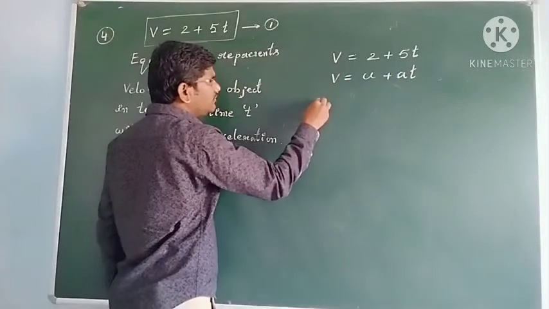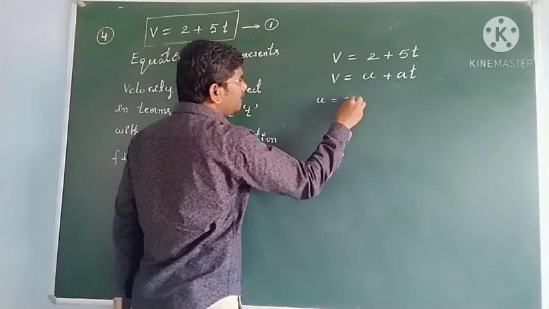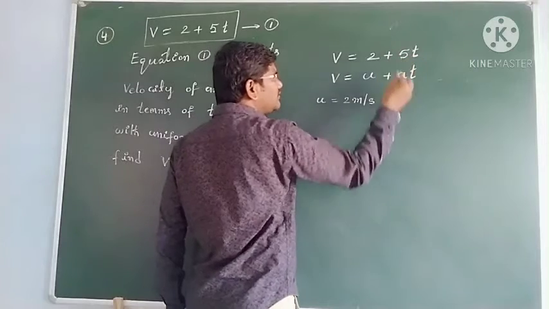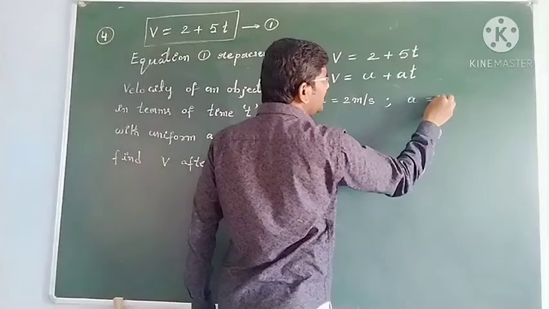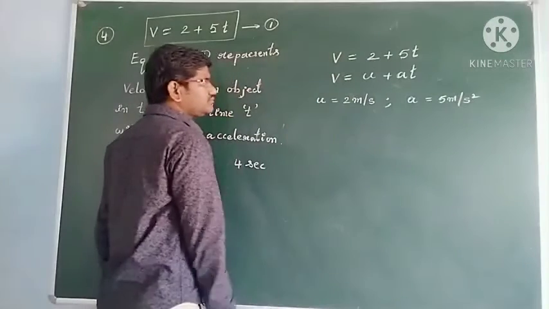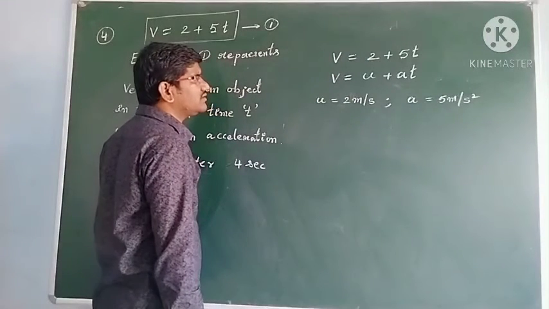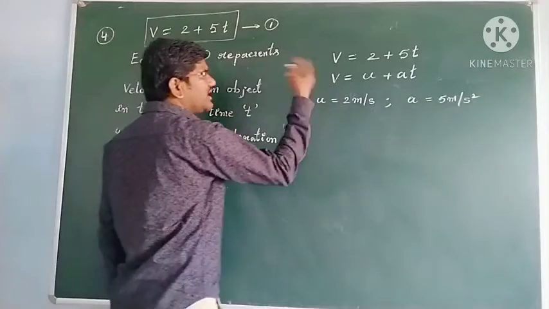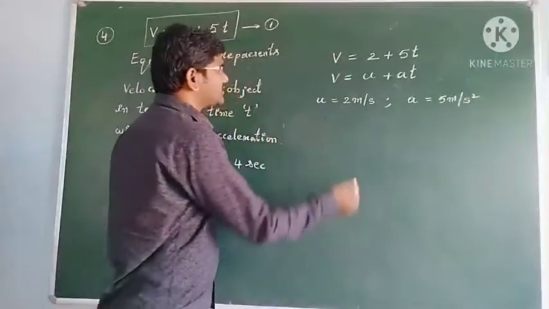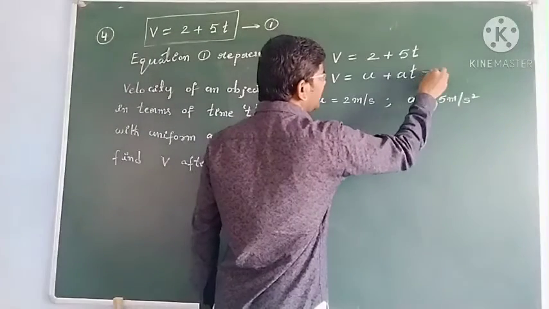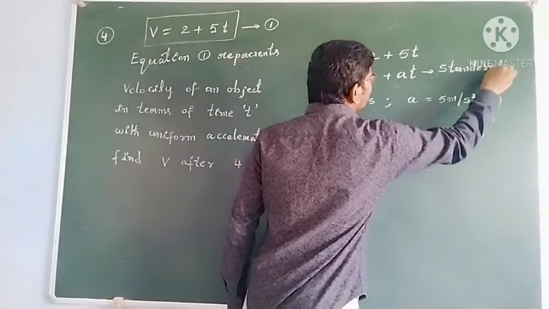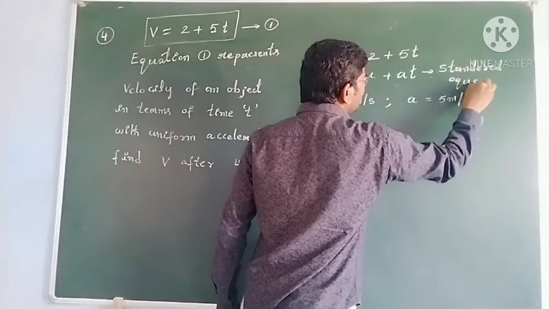Now here u will become 2 meters per second, and the t coefficient is a, here the t coefficient is 5, then a is 5 meters per second square. Okay, students. So we got initial velocity. They may ask you initial velocity, or they may ask you acceleration also, because this is our standard equation.